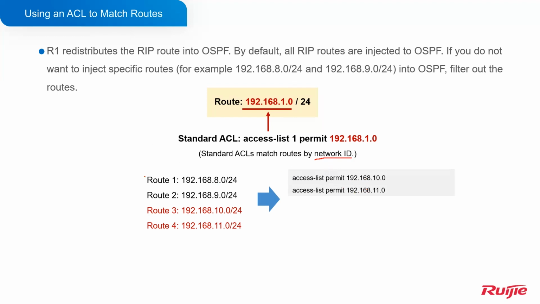For these four routes, which of them can be matched? Right, it is route 3 and route 4. So by using ACL, we can match some of the routes, but it has some shortages. Each route requires a standard ACL entry, and wide range matching is not supported by using the standard ACL.